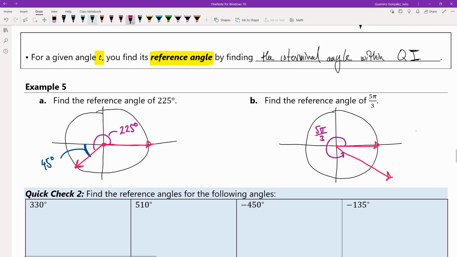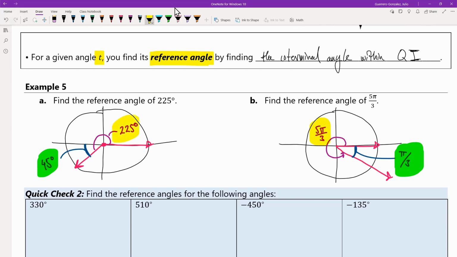Our reference angle, this angle right here, is pi over 3. I should highlight both of these. So instead of doing work for 5 pi over 3, I can just go ahead and use the values for pi over 3, modify the stuff that I need, and I'm good.